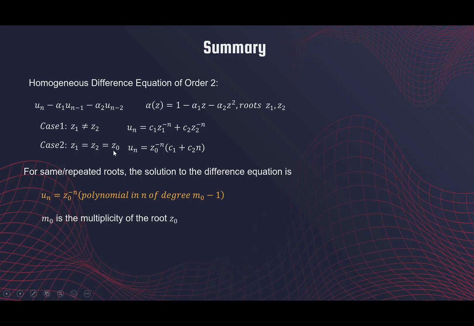That means the multiplicity of z0 is 2, that is m0 is equal to 2. Therefore this un is z0 raised to minus n times a polynomial in n of degree 1, right, which is exactly what you see here. This is a polynomial of degree 1.